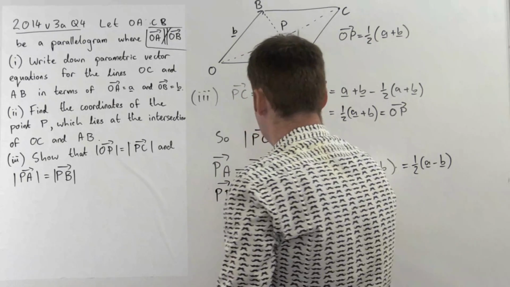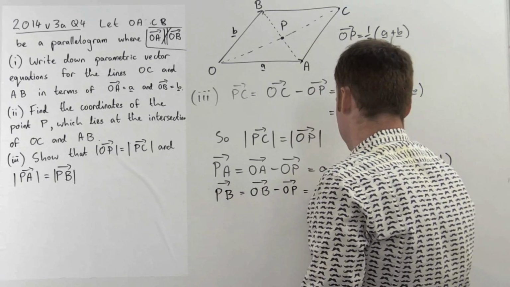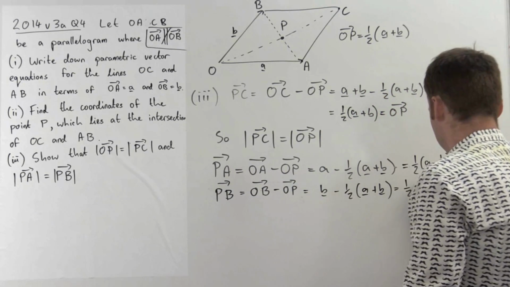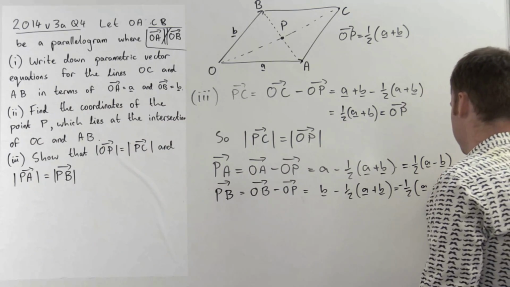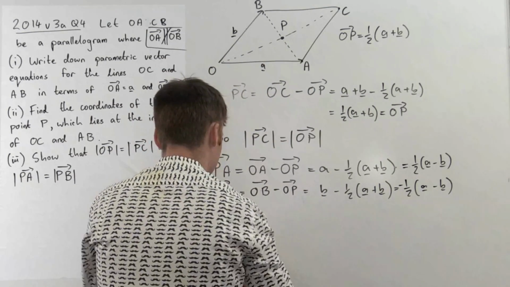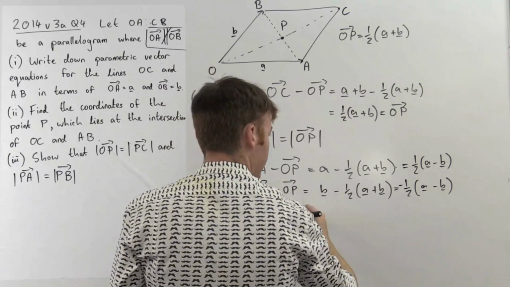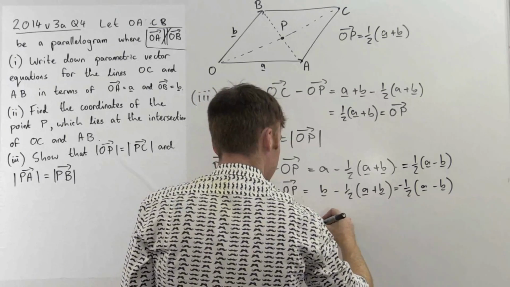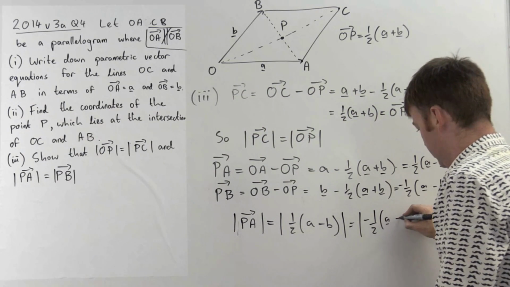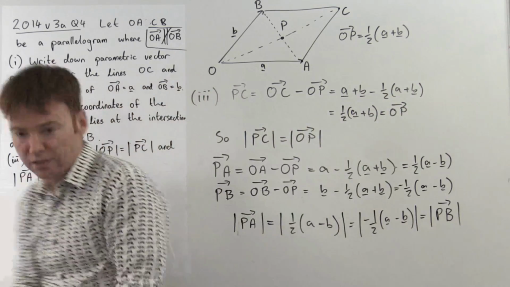PB is OB minus OP, which is B minus half (A plus B), so it's negative of half A minus half B. So therefore the length PA is also equal to the length of the negative of this, which is length PB. Which is what the question asks us.